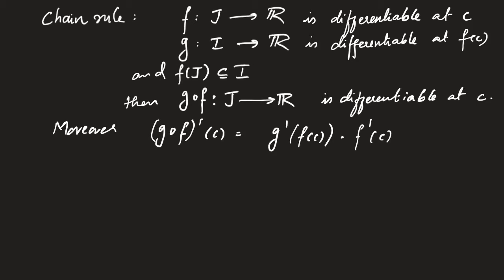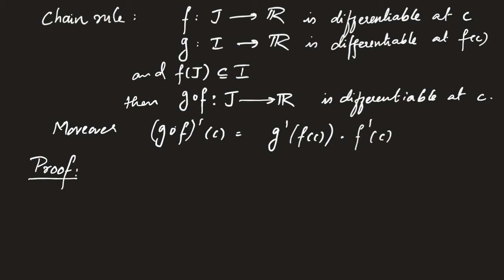Let us now look at the proof of this result. The basic idea for the proof is quite simple. We will construct two auxiliary functions phi and psi such that phi is continuous at c if and only if f is differentiable at c, and psi is continuous at f of c if and only if g is differentiable at f of c.